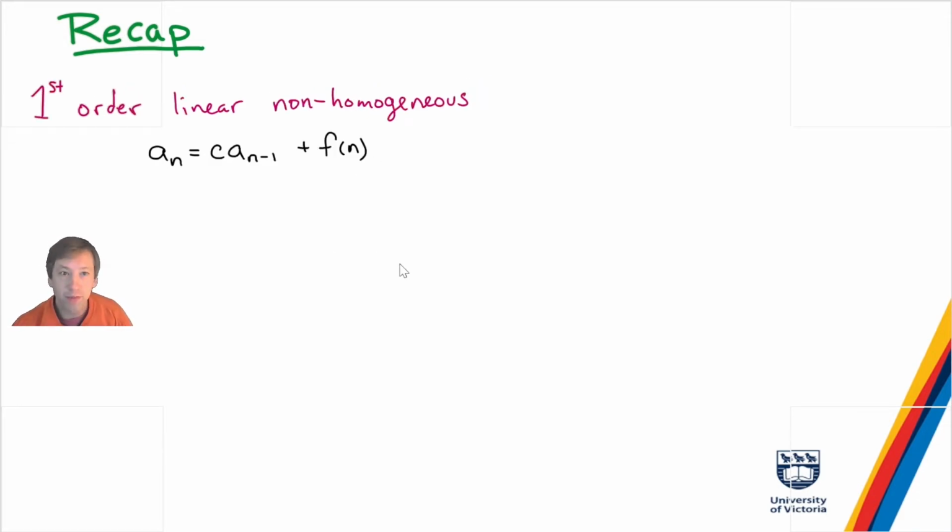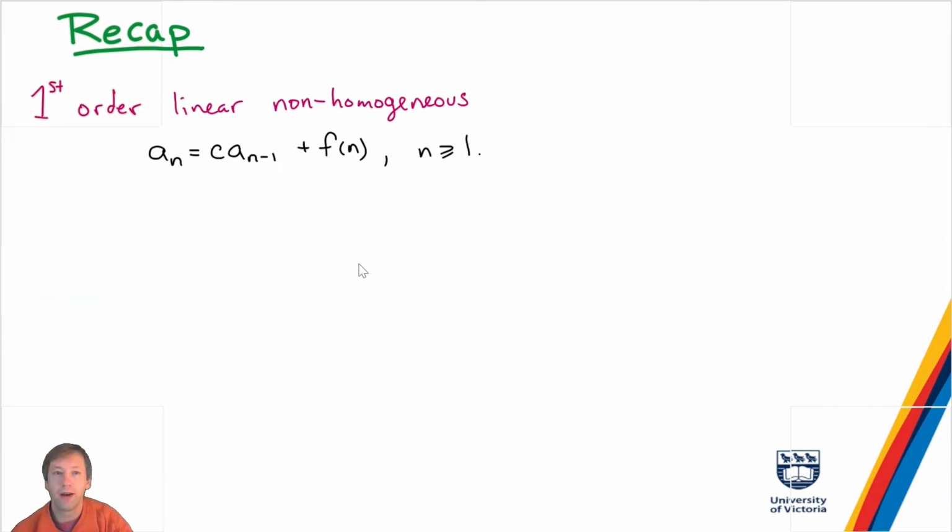Then it became a little bit more challenging when we got to first order non-homogeneous recurrence relations. So this is something where you have, for example, a_n is c times a_{n-1} plus f(n) for n at least 1. Now for this, we developed this kind of telescoping sum approach where we write this as a_n minus c a_{n-1} is equal to f(n).